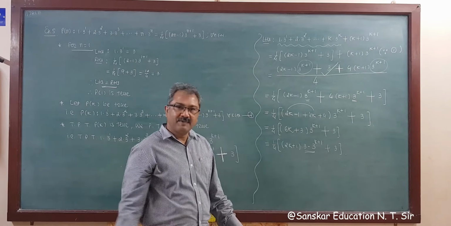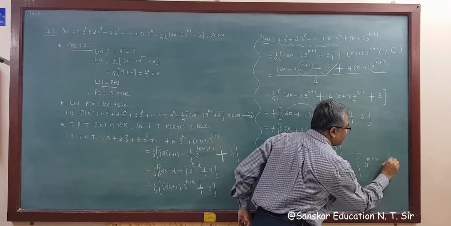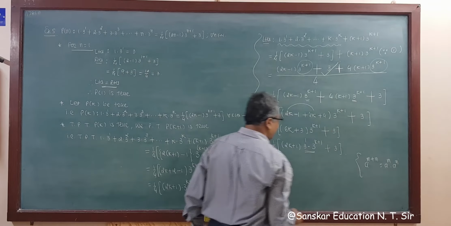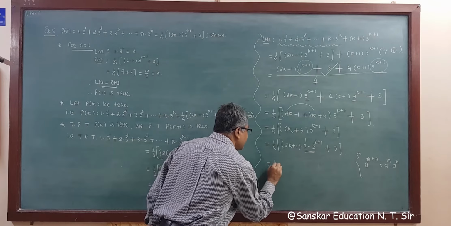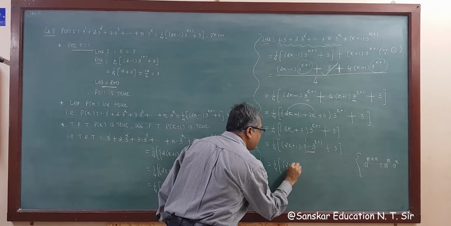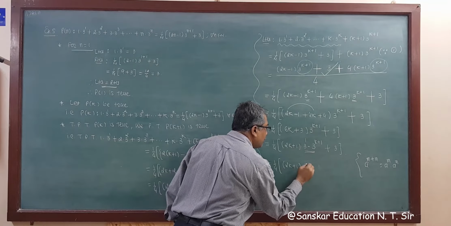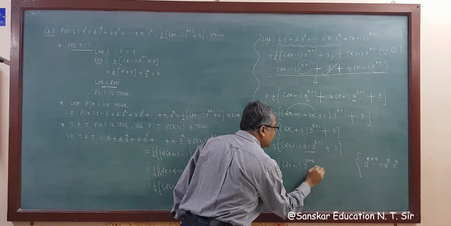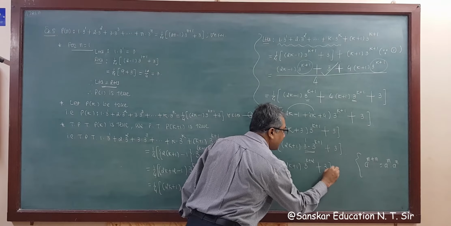So, sum of the power, that is 3 raised to k plus 1 plus 1. Right? You have the formula, you know now. A raised to m plus n is a raised to m into a raised to n. So this is 1 upon 4 into 2k plus 1 into 3 raised to k plus 2 and plus 3.